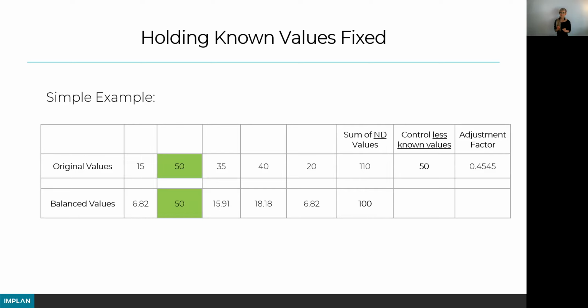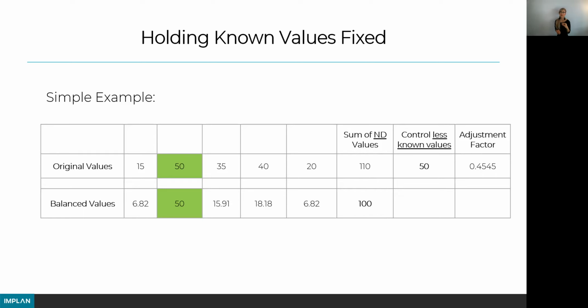And the control value less the known value. So remember, our control total for this row was 100. But we're going to subtract off 50 because 50 was a known number. So we're left over with a value of 50 that can be assigned or distributed to all these unknown values.